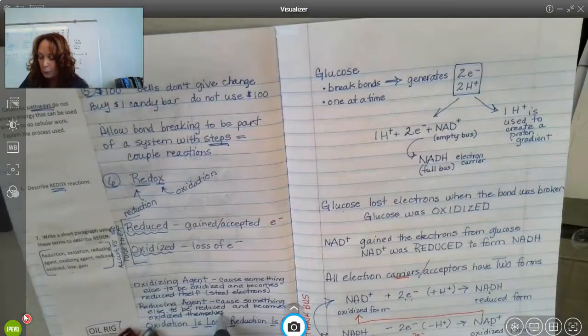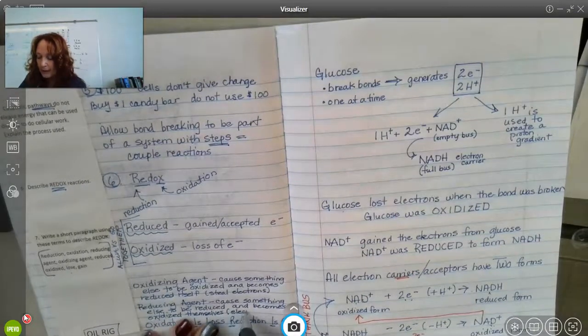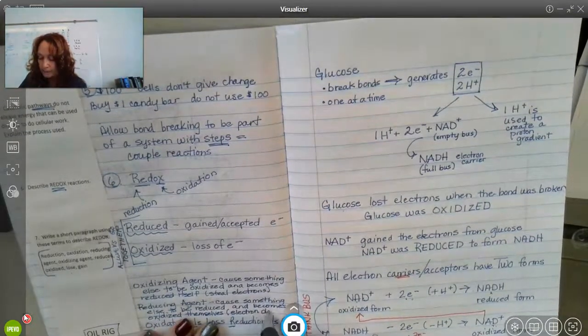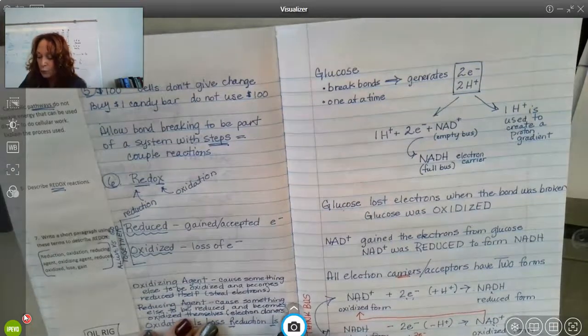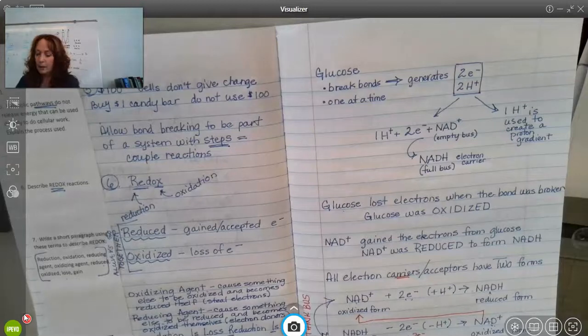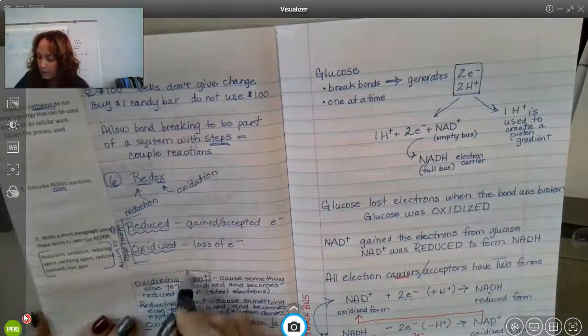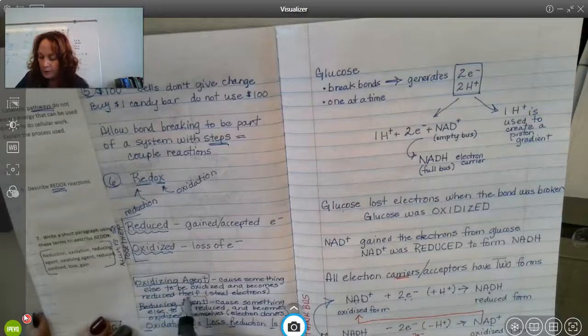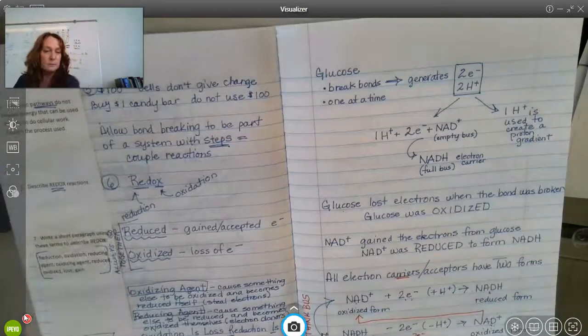So what they really are is they're called electron donors. They're things that readily give up their electrons. I don't know, other than we just have to say those several times.